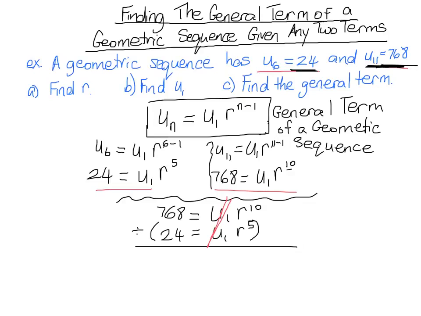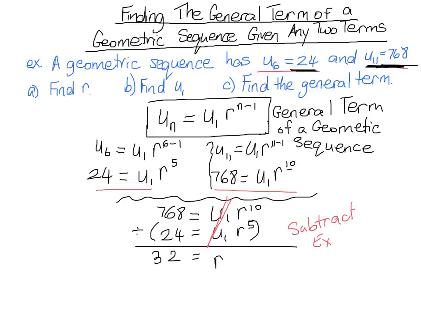So 768 divided by 24, and do this along with me, on the left side you should get 32 when you divide those numbers. Now, for R to the 10th power divided by R to the 5th power, you need to recall that when you're dividing, you have to subtract your exponents.